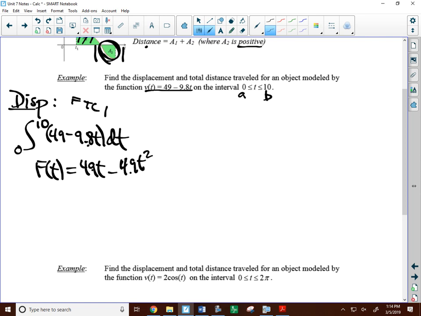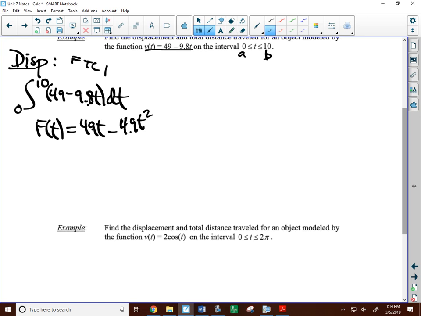If you didn't remember, you just have to redo that, but maybe we just did it, negative 4.9t squared. Okay. Now this FTC1 is just F of 10, minus F of 0.